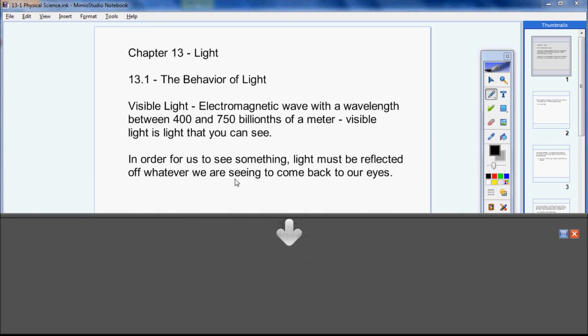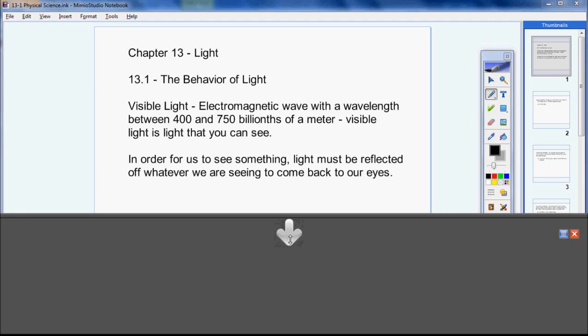In order for you to see something, the light will go and bounce off that object and come back to your eye. And it's that light coming back into your eye that produces the image for you to see. If the waves are too big, they can't get into your eye.